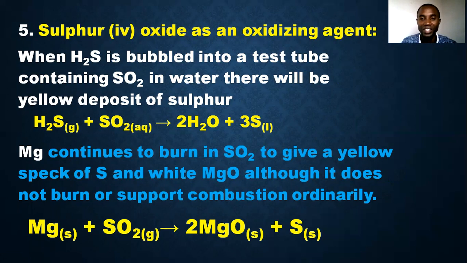Look at it, sulfur will be deposited. And magnesium continues to burn in sulfur oxide to give yellow sulfur and white magnesium oxide. Although it does not support combustion, it supports combustion of magnesium.